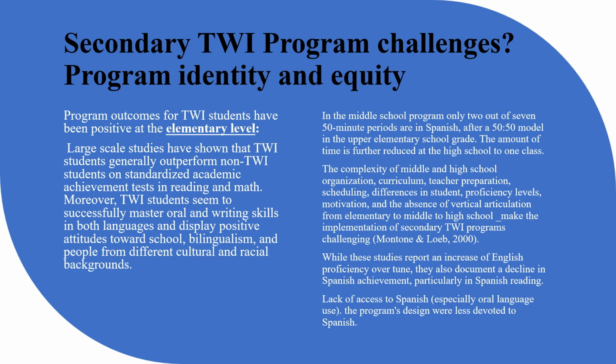So the complexity of middle and high school organization, curriculum, teacher preparation, scheduling, differences in student proficiency level, motivation, and the absence of vertical articulation from elementary to middle to high school make the implementation of secondary two-way immersion challenging.